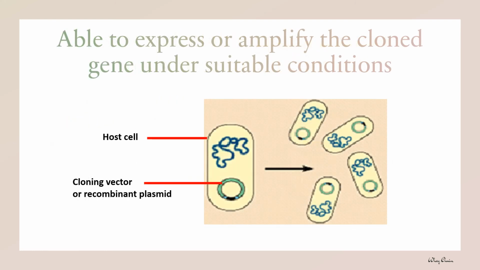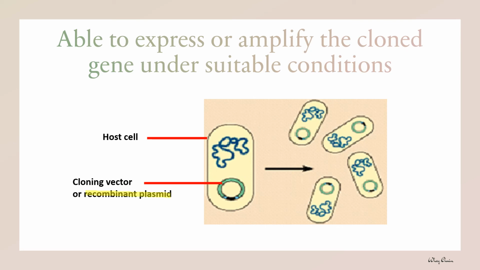The last characteristic of a cloning vector is the ability to express or amplify the clone gene under suitable conditions. Sebab cloning vector yang telah berjaya menerima foreign gene iaitu DNA yang isolated daripada organism which is different species, the cloning vector will be called as recombinant plasmid.